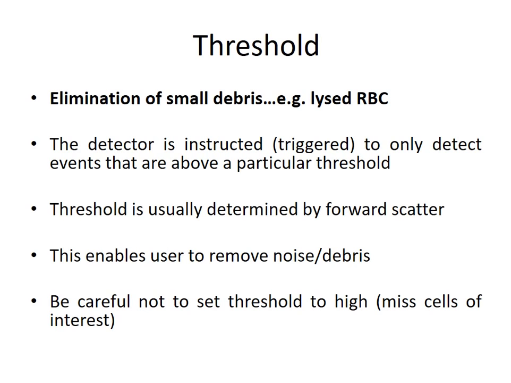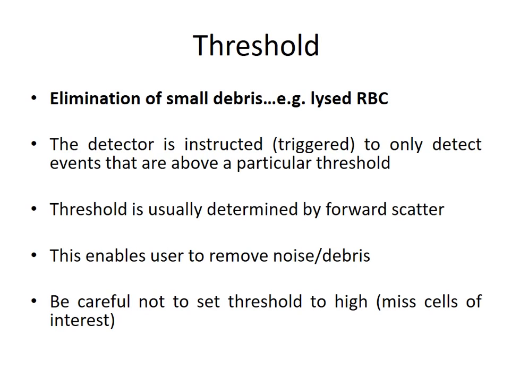So the detector is instructed to only detect events that are above a particular threshold. And threshold is usually determined by forward scatter. That is, it's usually determined by the size of the cell or particle. And this enables the user or the scientist to eliminate noise or debris.